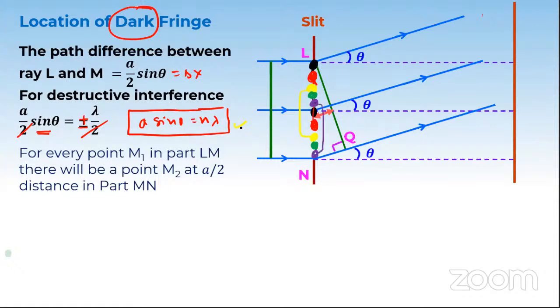They satisfy this condition because their path difference is a by 2 sin theta, and their path difference was lambda by 2. So when I equate these two, I get a dark fringe. All the points which are at a distance of a by 2 cancel out, and I'm left with a dark fringe at that particular point.